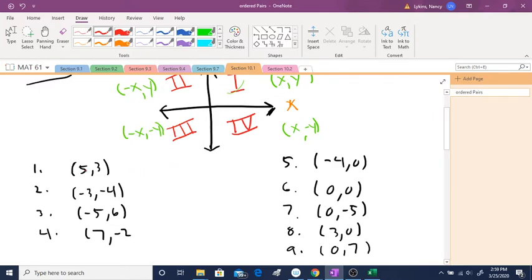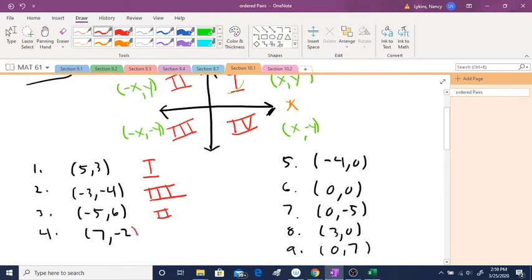They're both positive. So if we look at this right here, which one of these are both positive? It's in quadrant 1. Take a look at 2 negatives. Both negative, that's quadrant 3. The x is negative, but the y is positive. That's quadrant 2.